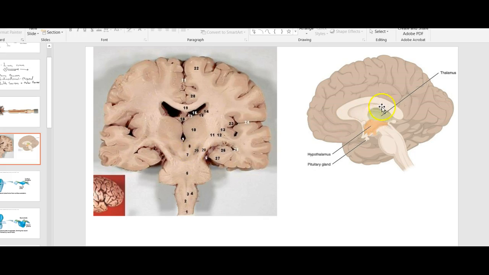So what you're looking at over here when you're looking at the thalamus is actually just the inner wall of the thalamus. And if you cut right down the center of the brain, as this image is supposed to be, you're actually looking at the inside of the thalamus through a little ventricle that would be filled with cerebrospinal fluid. So that's what I wanted to mention about the thalamus.